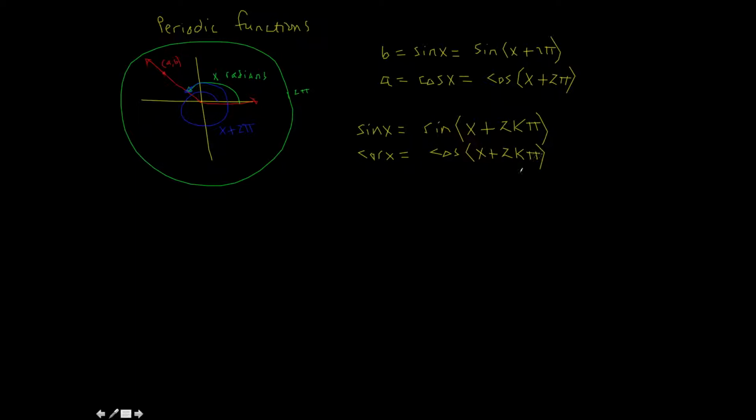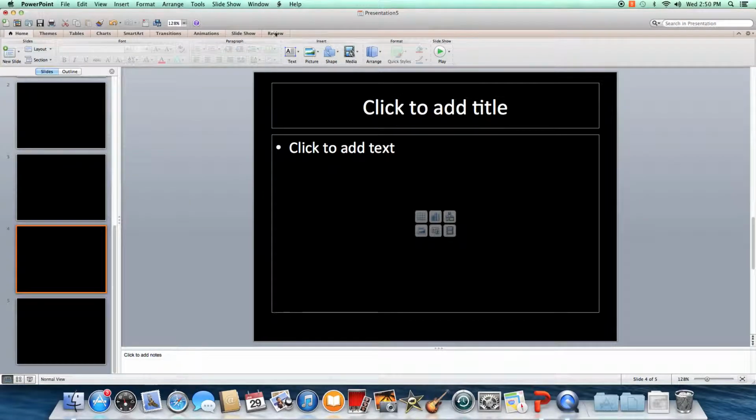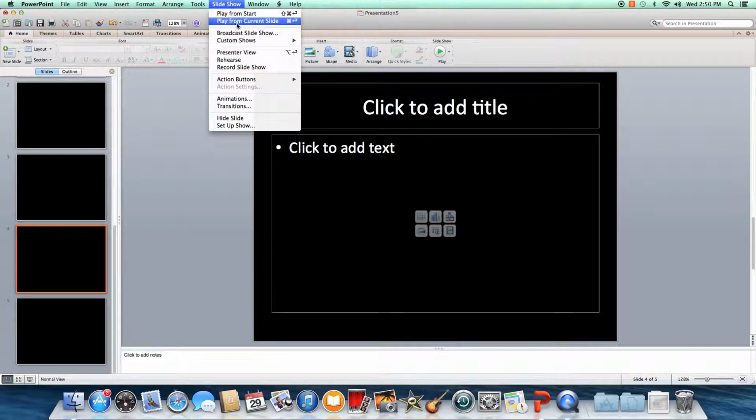So here is what we say. We say that a function is periodic if there exists some real number p such that f of x plus p equals f of x, for all x in the domain of f. If there exists some number p where this is true, then the function is periodic.